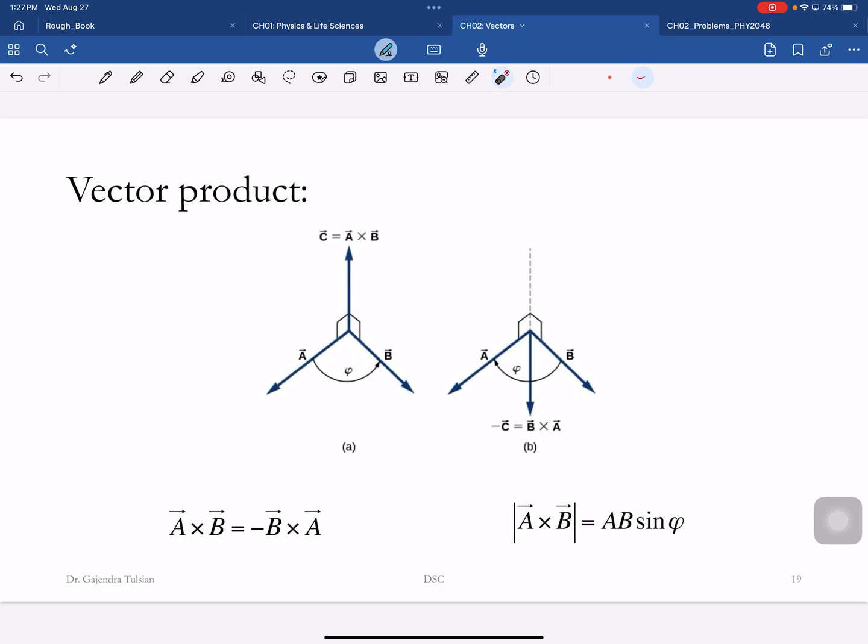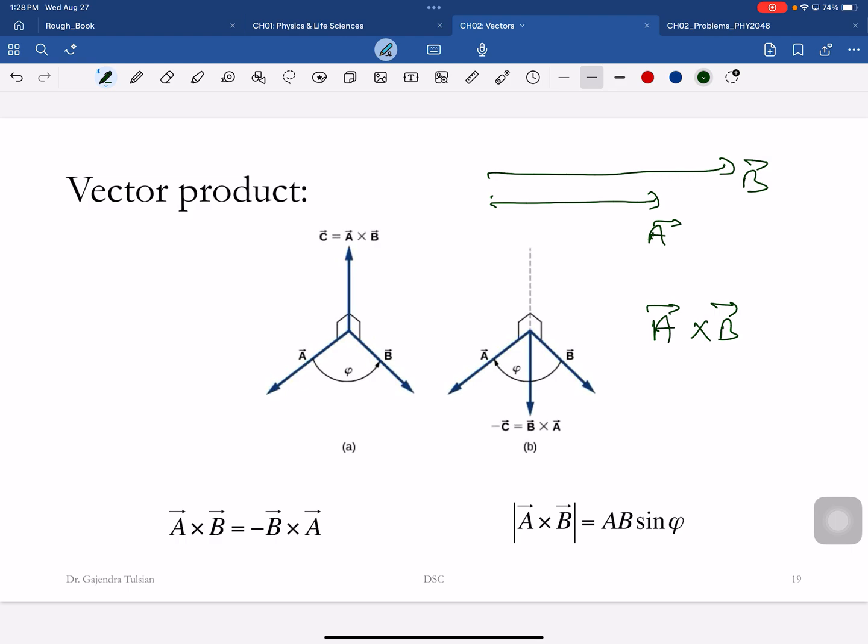All right, so now let me ask you a question. Here is A and a vector B that's parallel to A. What is the cross product of A cross B? Look at the magnitude formula.